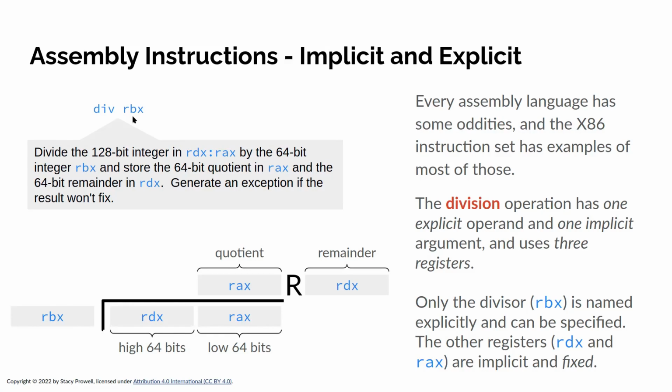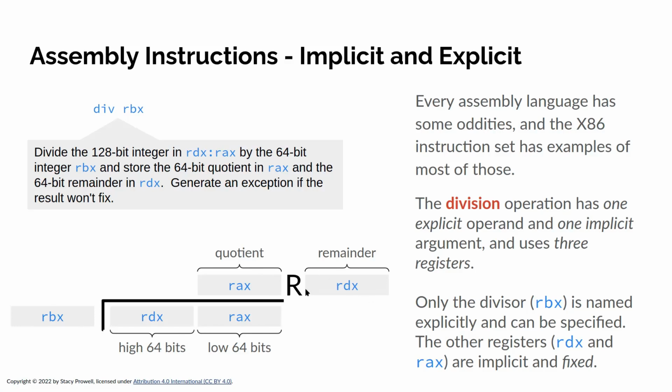Well, I have to have two things to divide, and it turns out that what I'm actually dividing is RDX:RAX joined, so a total of 128 bits. I'm dividing a 128-bit number split across two 64-bit registers. And I'm dividing that by the 64-bit number in RBX. And I will store the quotient in RAX and the remainder in RDX.